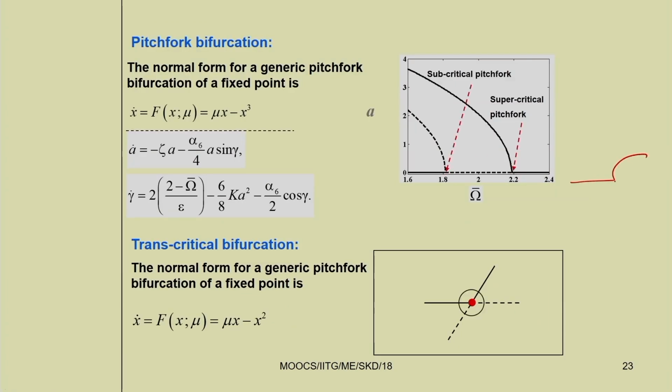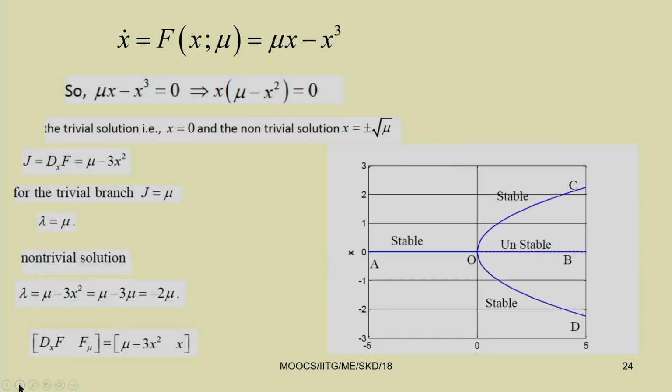So, this is the pitchfork type of bifurcation, and here the generic form is mu x minus x cube. So, x dot equals f x mu, which equals mu x minus x cube. By putting x dot equal to 0, we will get the equilibrium positions.